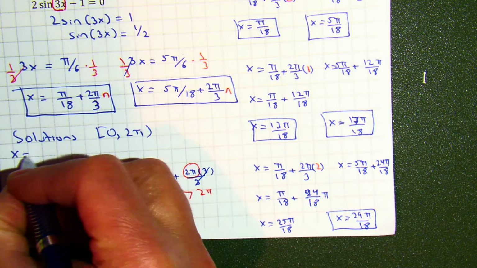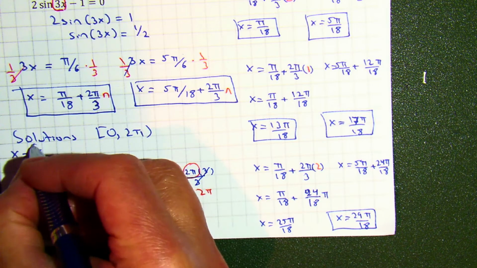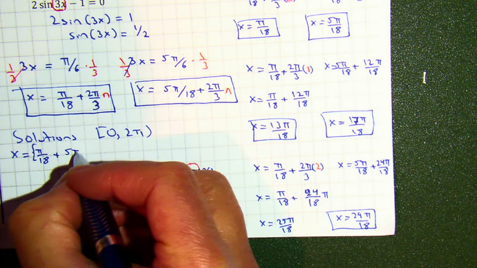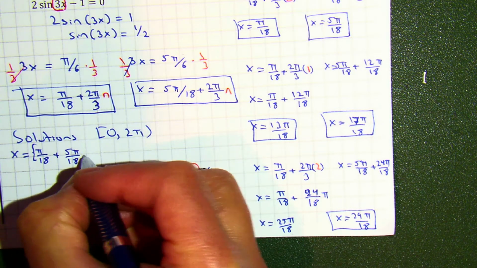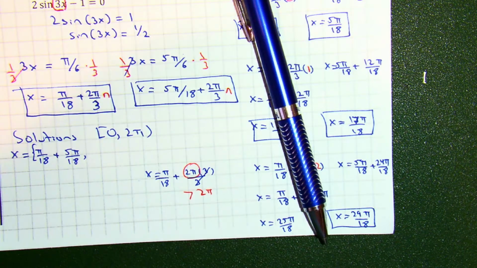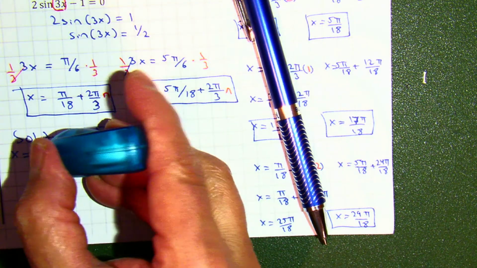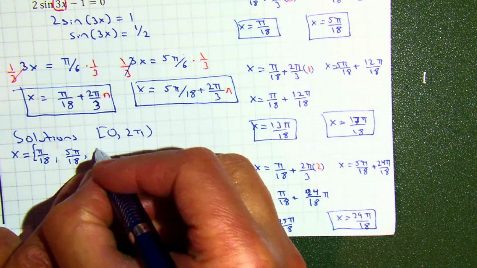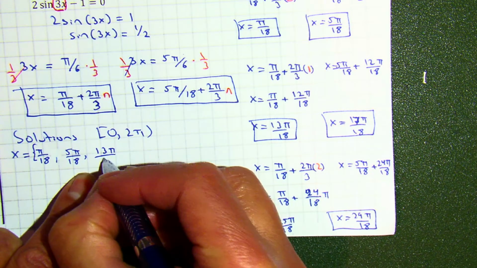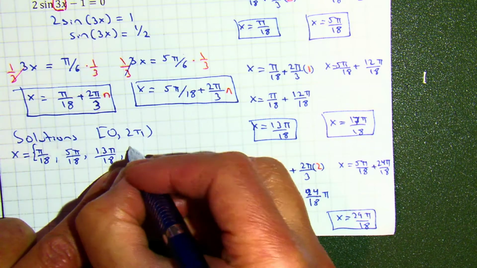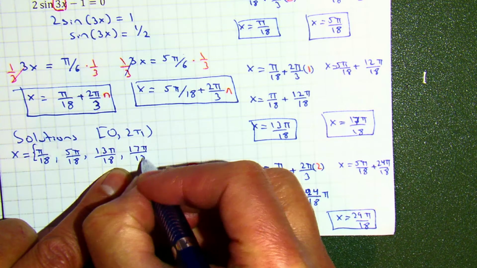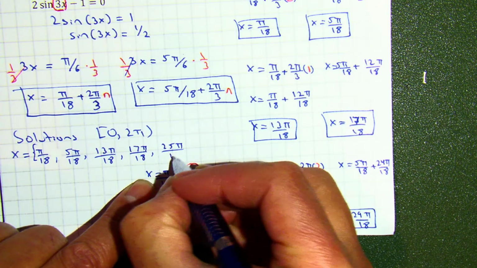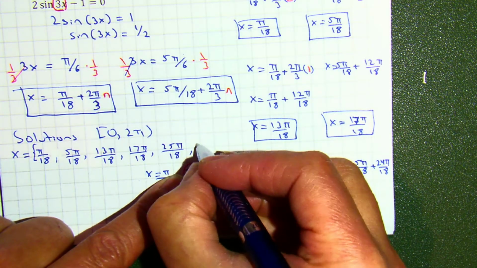So x equals pi over 18, comma, 5 pi over 18, 13 pi over 18, 17 pi over 18, 25 pi over 18, and 29 pi over 18.